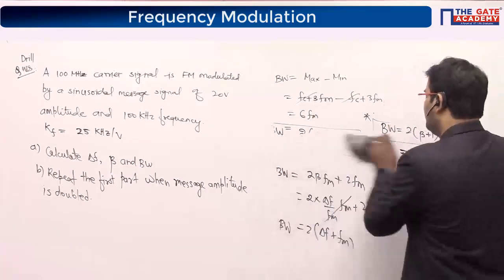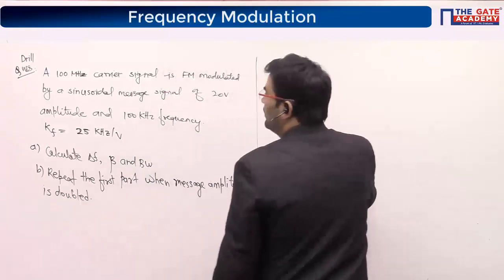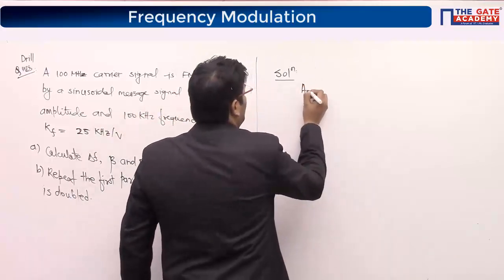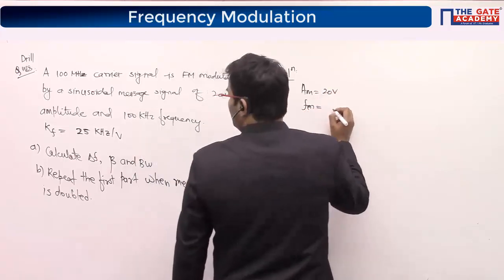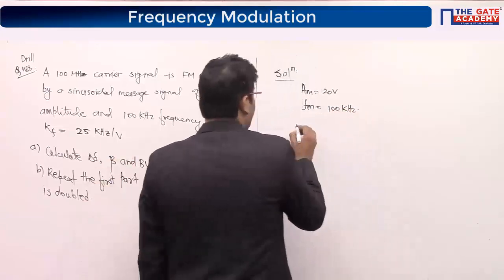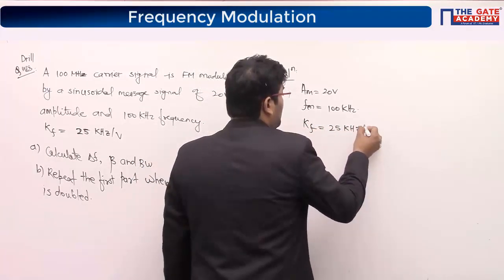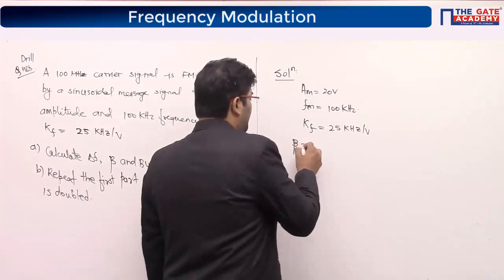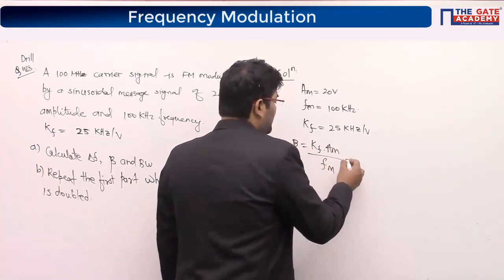Come on, guys, attempt this question. So look, it is FM modulated by a message signal of amplitude 20 volts, message frequency 100 kilohertz, right? And KF is 25 kilohertz per volt. Now guys, beta is what? Beta is KF into AM by FM. Don't forget this.